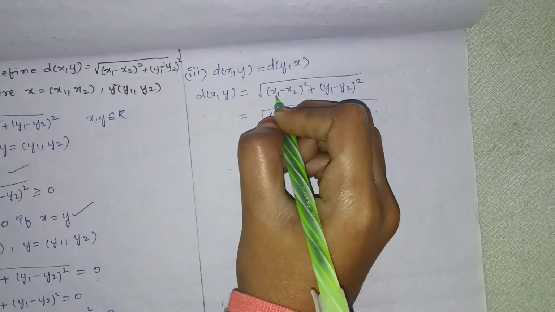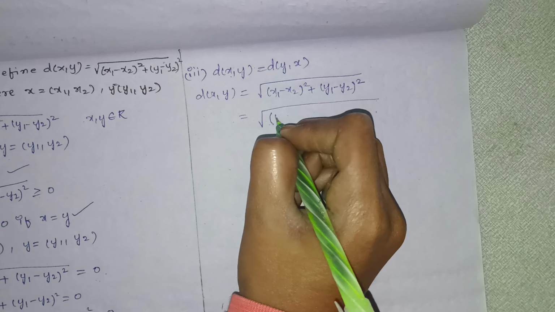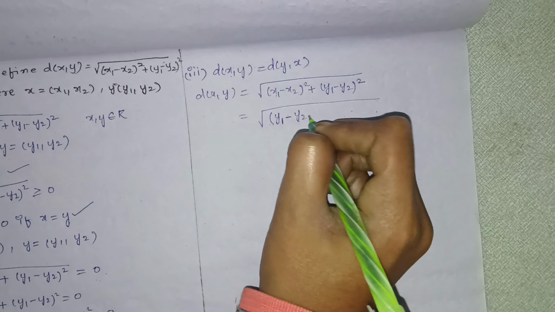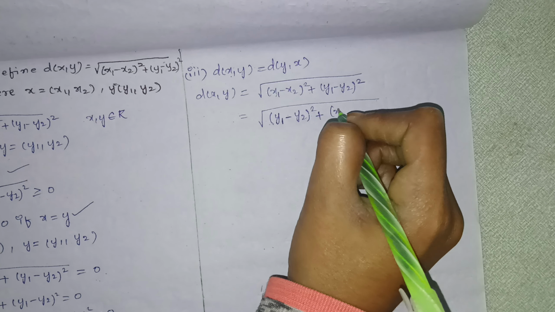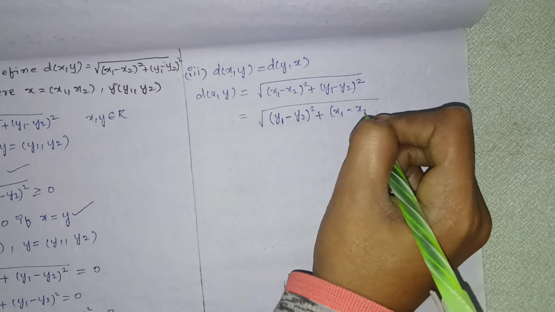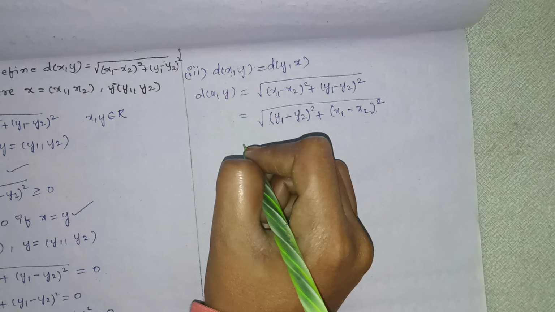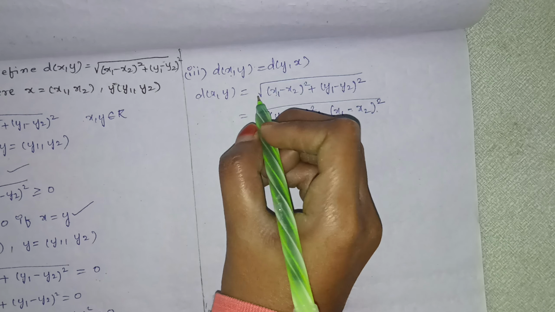In the place of x1, we need to substitute y1, giving (y1 minus y2) whole square plus (x1 minus x2) whole square, which is nothing but this is d of x comma y.